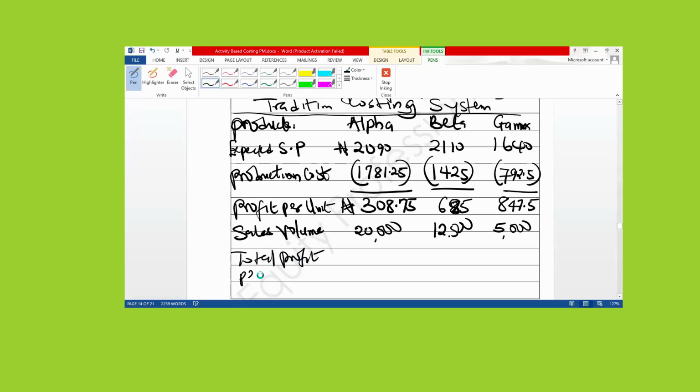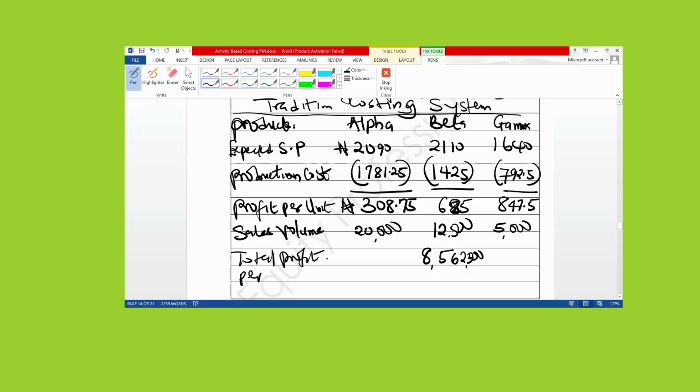For Beta, we have 856.25 times 10,000, which is 8,562,500.